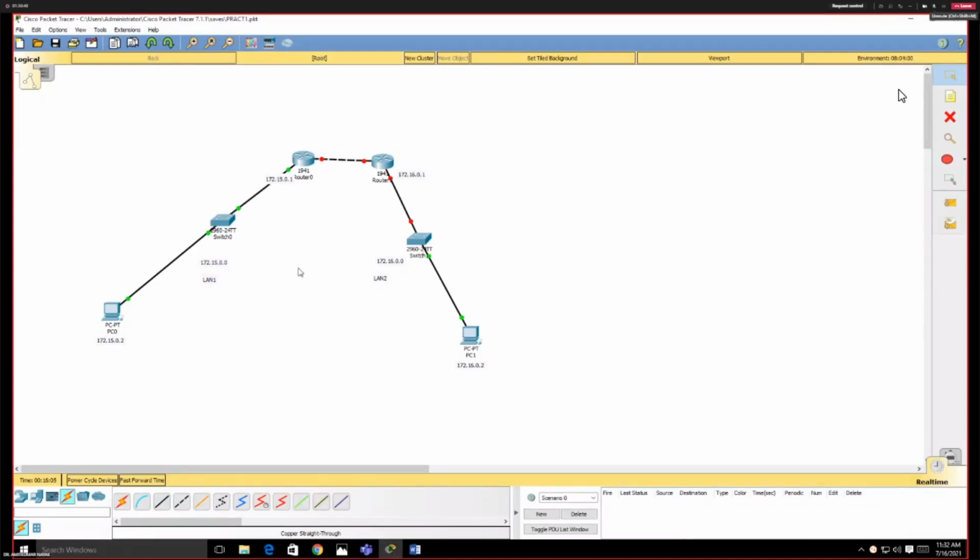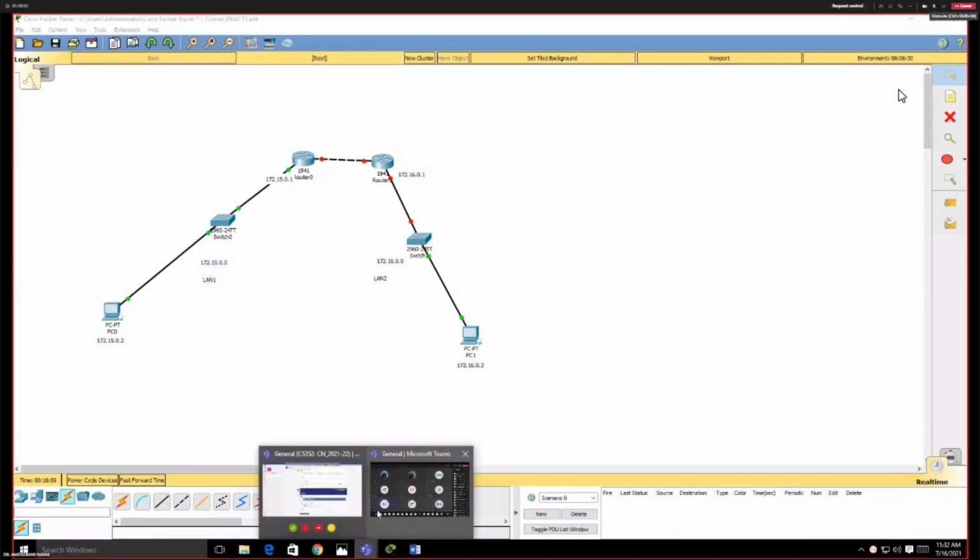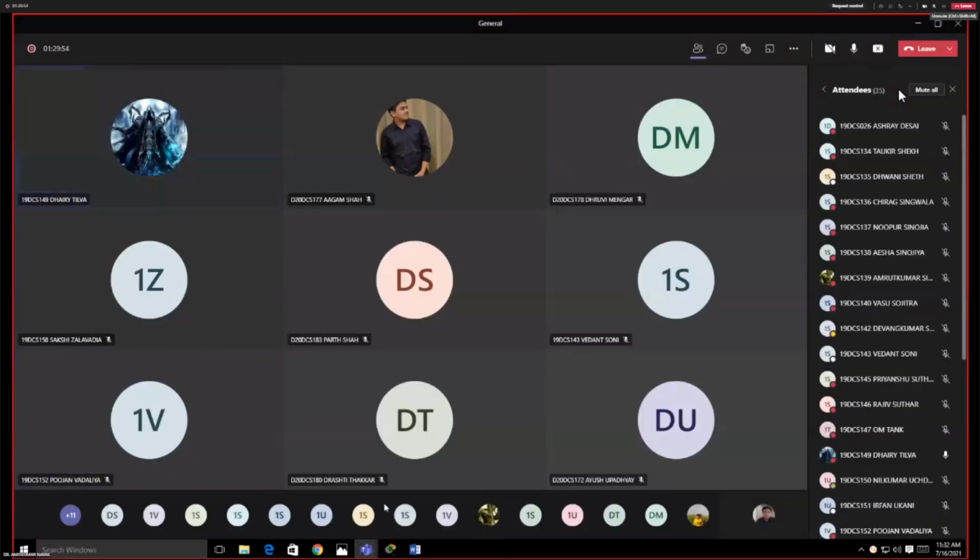How many networks exist over here? Two networks. Please listen carefully and write this point in your notebook. Each and every active interface of a router represents one network.